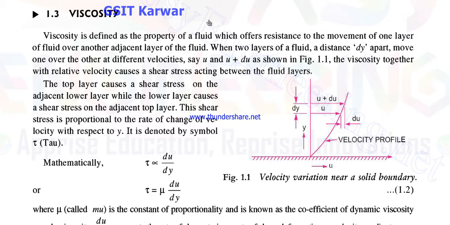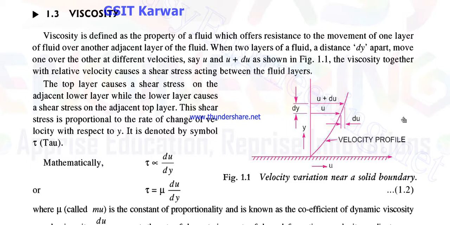When two layers of a fluid a distance dy apart move one over the other at different velocities, say u and u plus du as shown in figure 1.1. This is the figure you can observe here. For easy understanding purpose, for analyzing purpose, we took this enlarged figure.